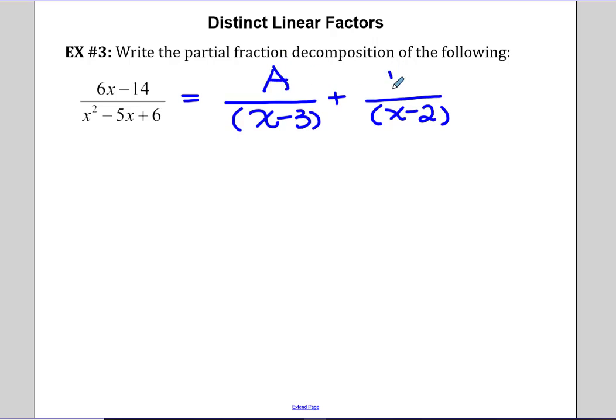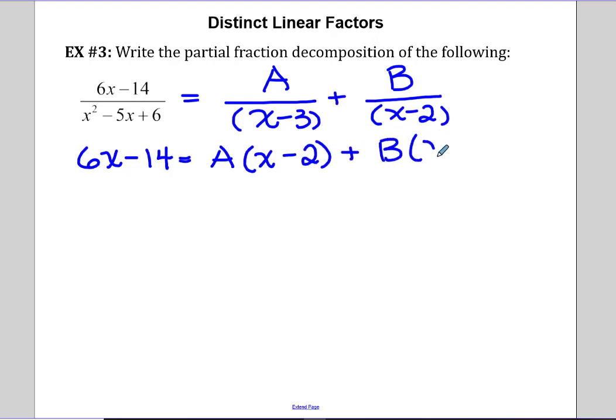So we need a constant there and a constant there. Then clearing the denominators, multiplying through by that quadratic, we'll end up with a times x minus 2 and b times x minus 3.